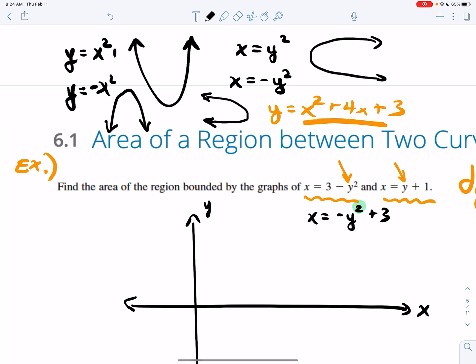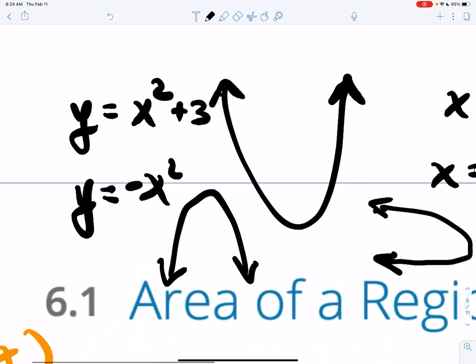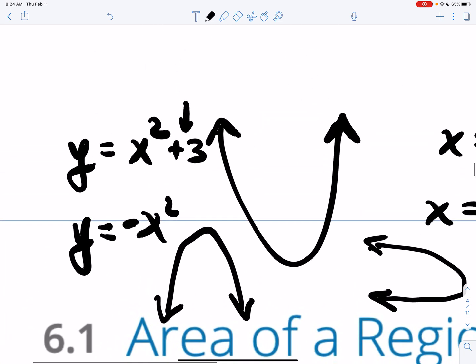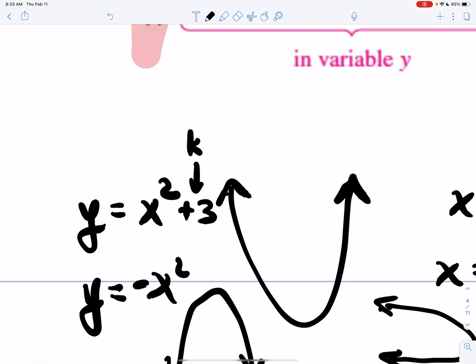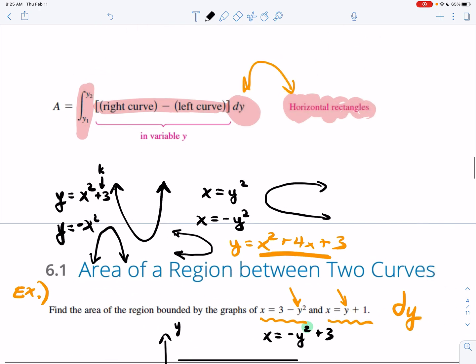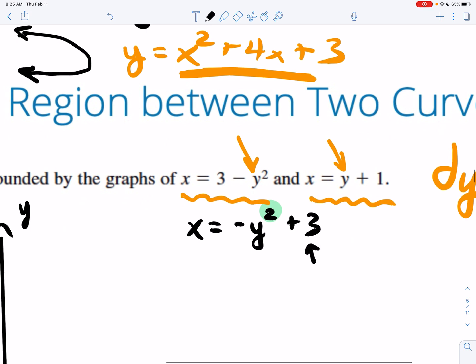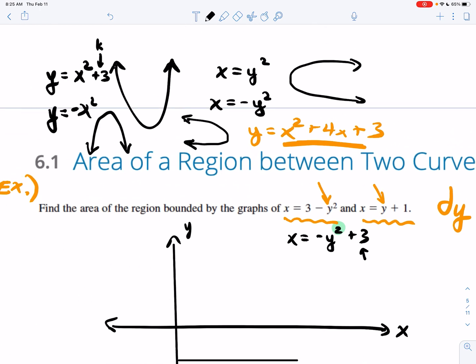Now, if I put a plus 3 here, what does that do, right? So remember, that's your k. So it would just take your parabola and shift it upwards 3 units, okay? So what do you guys think happens in the opposite world, right? Plus 3 here would actually move it towards the right, okay?